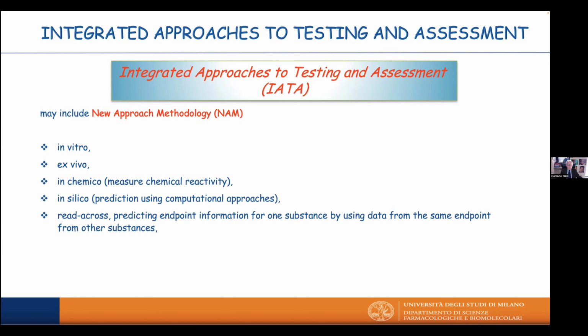Then the in silico prediction using computational approaches, and read-across, predicting endpoint information for one substance by using data from the same endpoint from other substances already studied very well. Then you put together all the information, the in vivo and all the NAM methodologies, and then you are able to extrapolate some of the results from in vitro to in vivo.